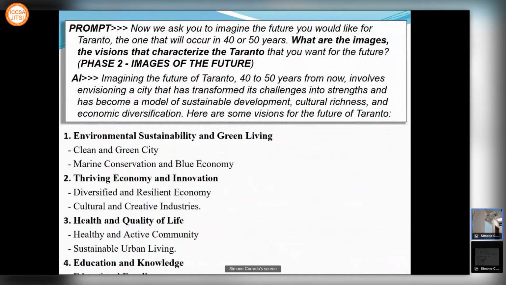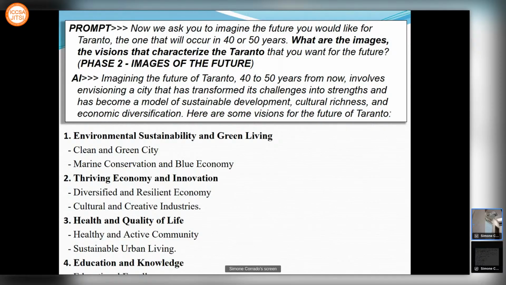What do you think Taranto is, according to the images that characterize Taranto in 50 years? We actually used OpenAI ChatGPT, Copilot at that time because it was free. It was one of the first free ones.